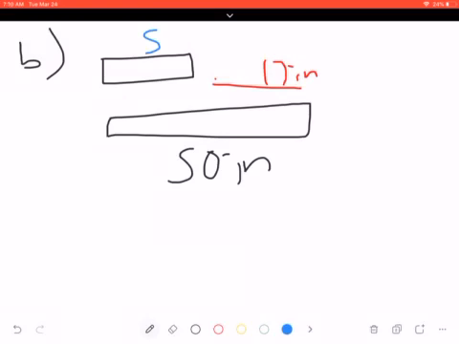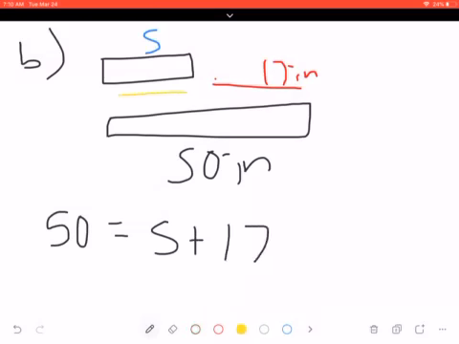So there's actually two ways you can do this, but what I'm going to say is this. You can either say that the 50 inches, which is the long board, equals the short board plus 17. All right, you can see that there. 50 would be the short board plus that 17.